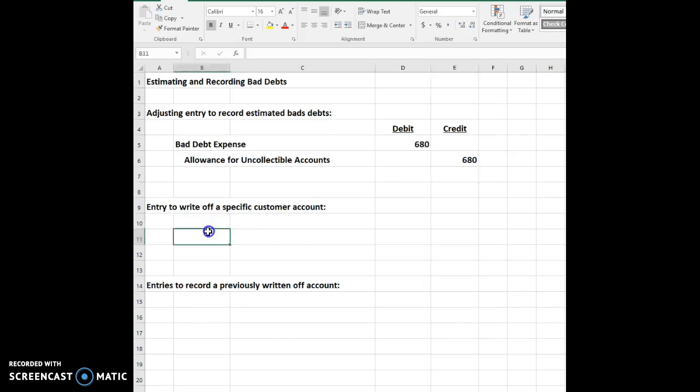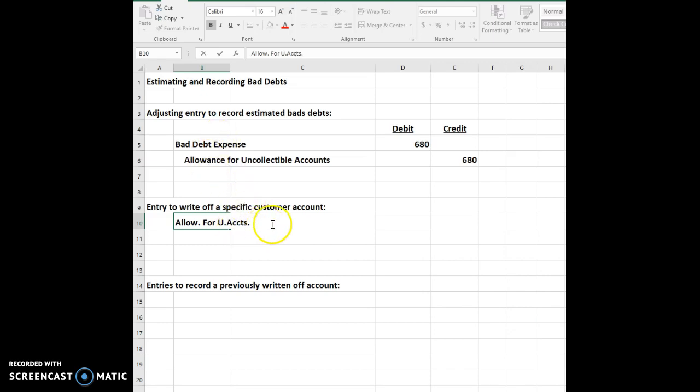The entry you make to write off a bad debt, once you identify a specific customer who's not going to pay, is that you will debit the allowance account. And I'll abbreviate: Allowance for uncollectible accounts, let's say, just to abbreviate. It's the same account as this one here.